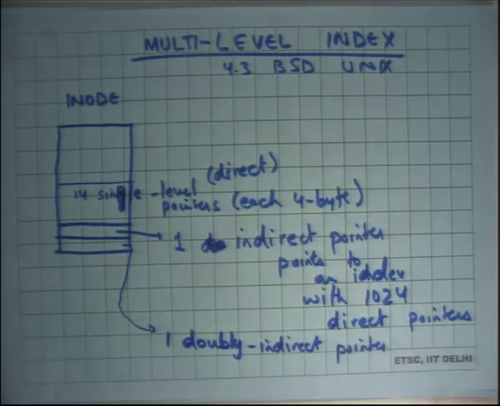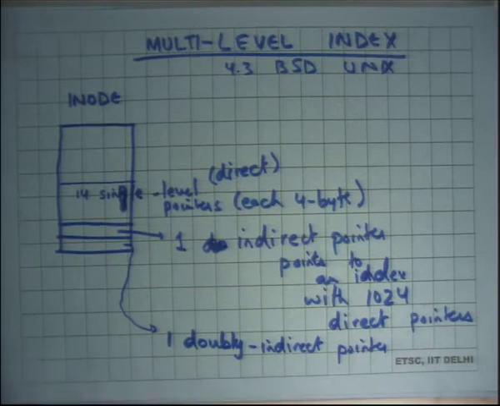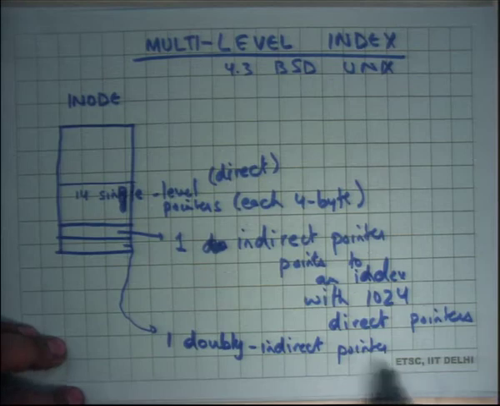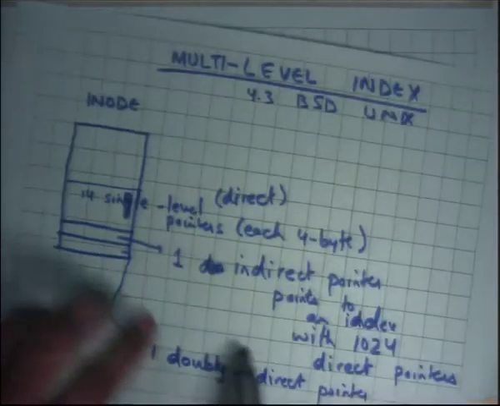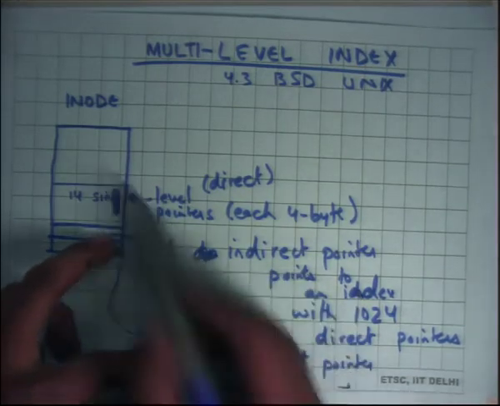By doubly indirect I mean it points to a block that contains pointers to more indirect blocks. So it's a 3-level hierarchy. It's a 2-level hierarchy from here on, here there's a 1-level hierarchy, and here these are direct pointers.